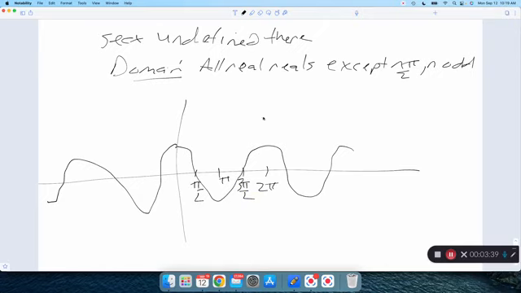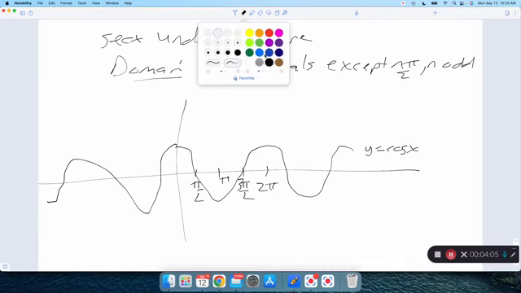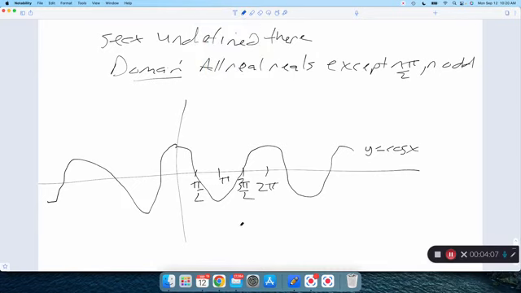All these places here where cosine crosses the axis, secant is going to have a vertical asymptote. So to graph a secant function, we kind of take a cosine function and we turn it inside out. We flip it over. So let's put on top of this, so this black graph here, this is y equals cosine x. Let's use blue and put a secant graph on top of it.